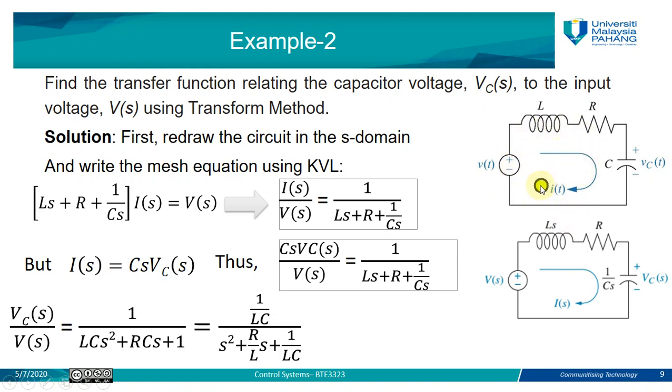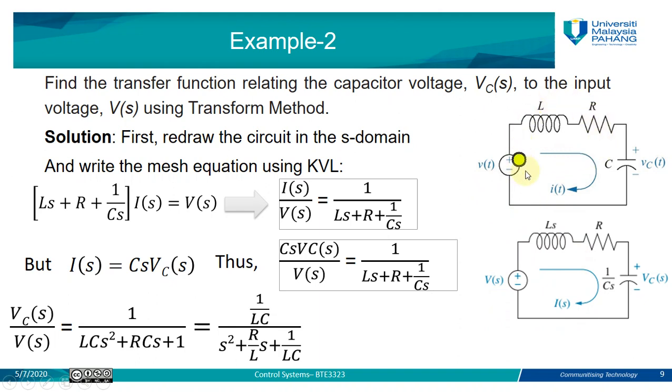The first step was to transfer these elements into the S domain. So instead of L, I should have SL. Instead of R, I should have R. Instead of C, I should have 1 over CS. And instead of Vt, I should have Vs, and instead of It, I should have Is.